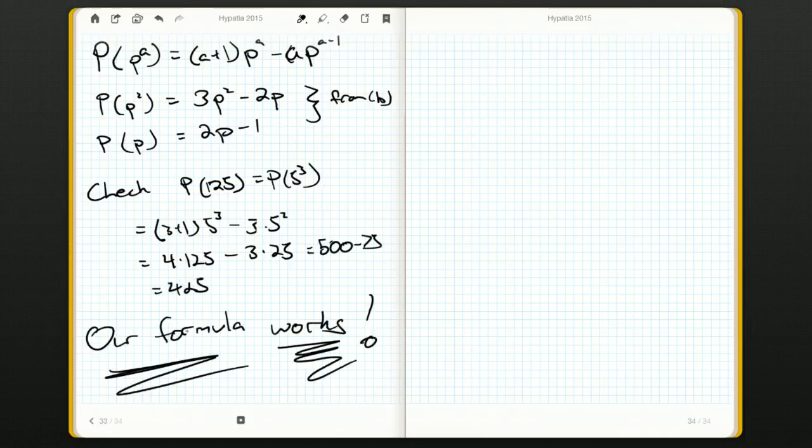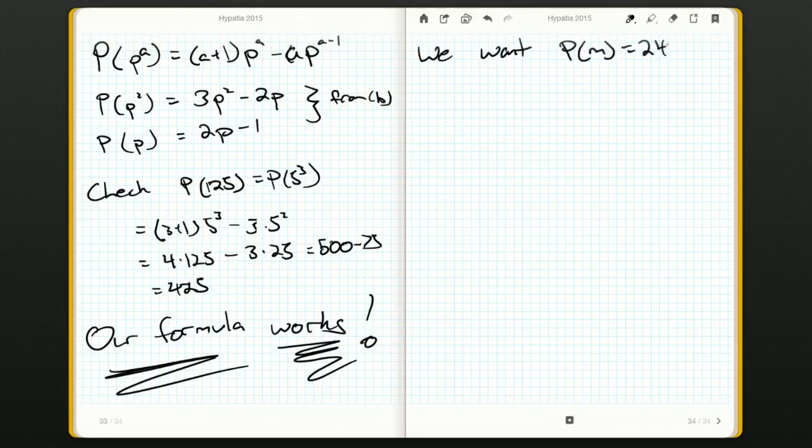Okay? So now we can express a general P of M. Now we want P of M to equal 243. And that's 3 to the power of 5. Okay, so we're talking about prime powers again. Now M, we already decomposed in terms of primes from p1 to pk.